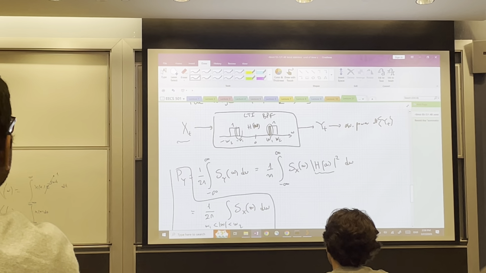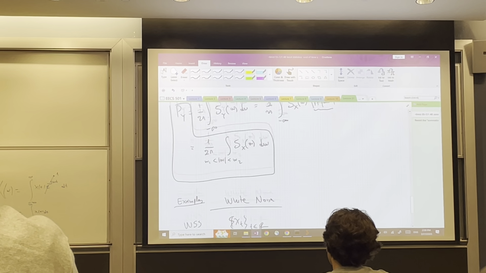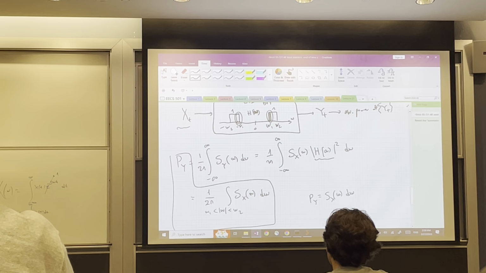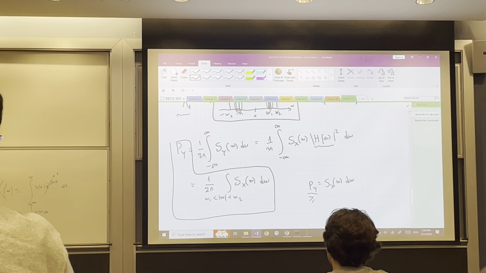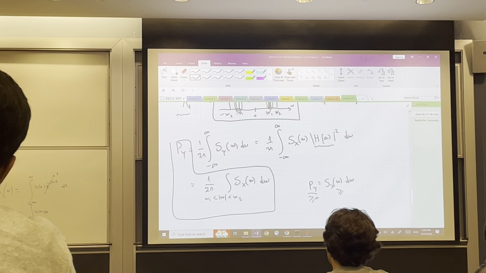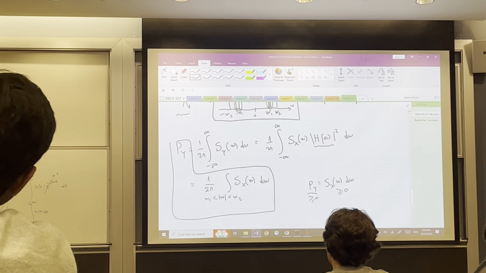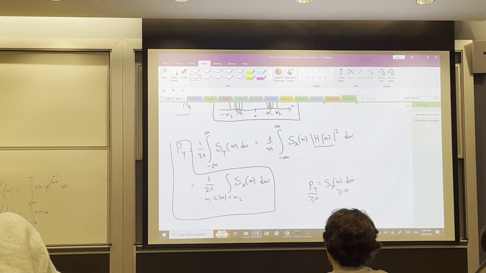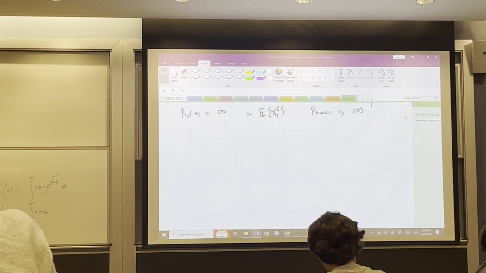Then, if I measure this power, I will get that the power of y is Sx of omega d omega over that range, if this was like a small d omega here, right? But since power is always a number greater than or equal to 0, this is always a number greater than or equal to 0. So, long story short, power spectral density is always a non-negative number. So I can take its square root, so I can solve this problem.